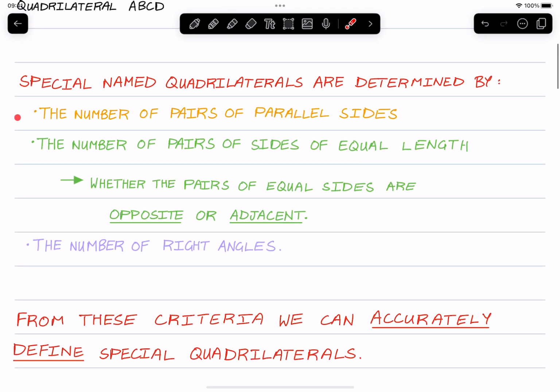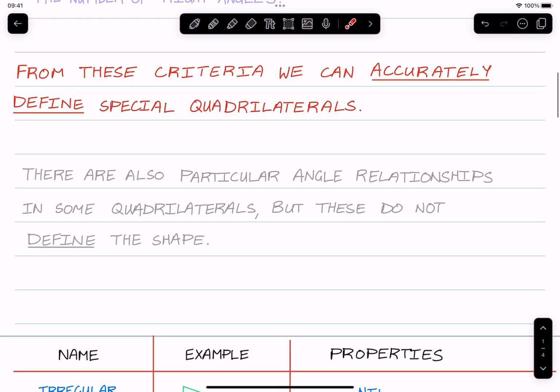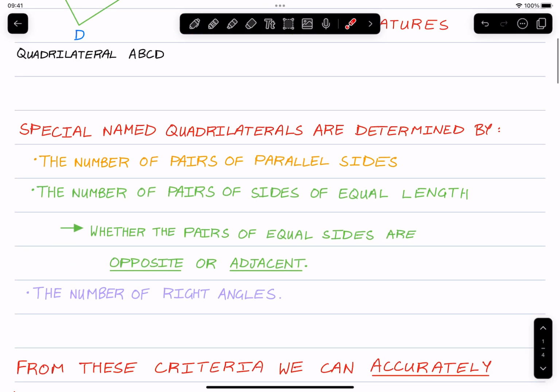Now, from just these three criteria, we can accurately define special quadrilaterals. There are also particular angle relationships in some of these quadrilaterals, but these special angle relationships don't define the shape. These three criteria do.